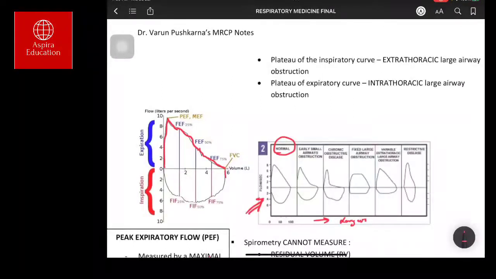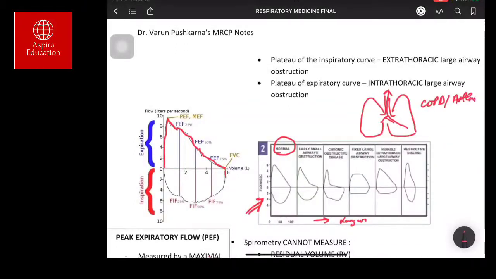Now, if the volume of the lung remains the same and there is a small airway obstruction, airway obstruction means one has a problem of expiration. So COPD, asthma, bronchiectasis, they all deal with expiratory prolongation.